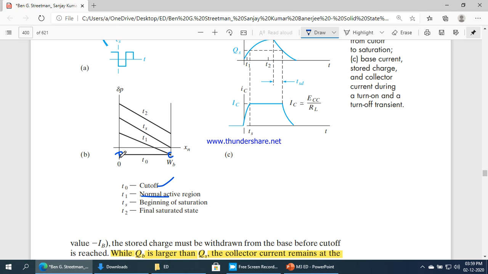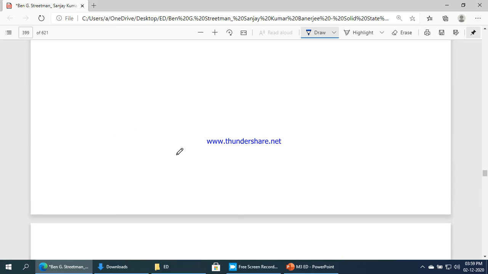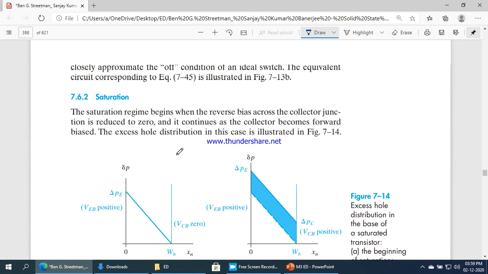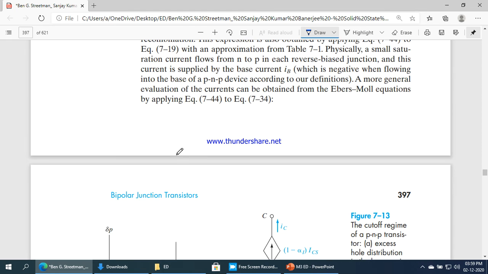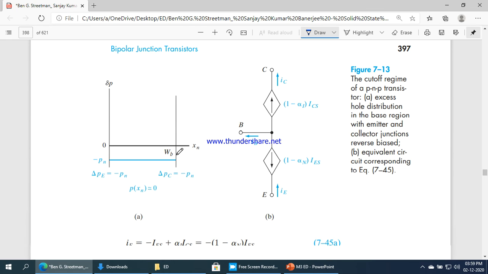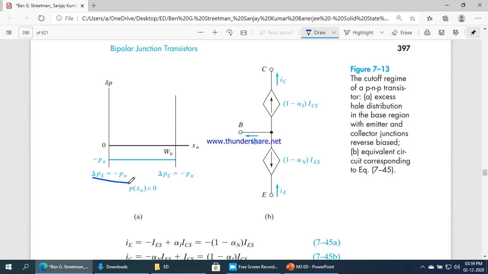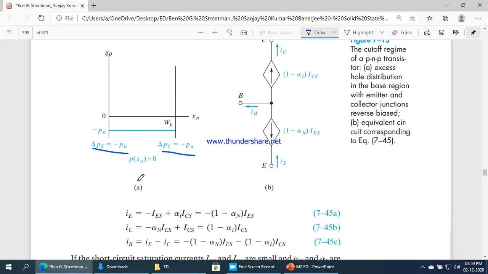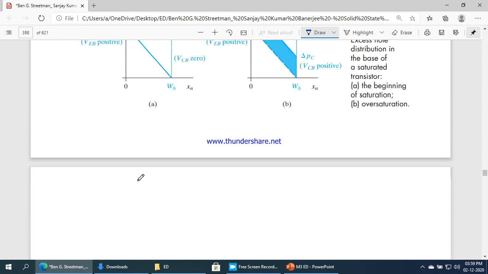The cutoff region is when both junctions are reverse biased, so the charge potential is minus Pn here and minus Pn here, because both regions are reverse biased. For that reason we call it a cutoff region.